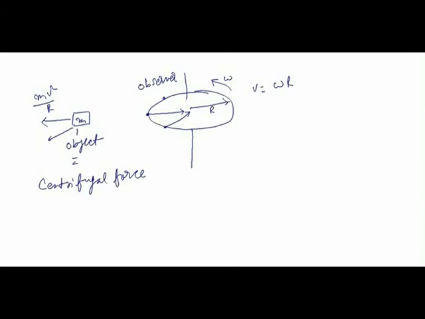This happens because the frame of reference where the observer is, is a non-inertial frame of reference. Because this frame of reference is always accelerated, there is a centripetal acceleration acting on the observer. So for the observer, a stationary object will not appear to be at rest, and the observer will find that the object is being acted upon by a centrifugal force of magnitude mv square by r.